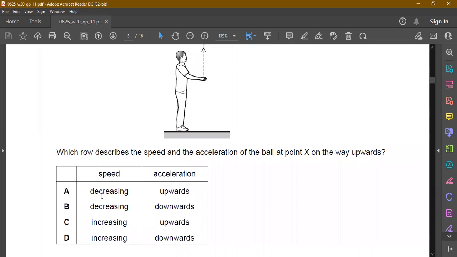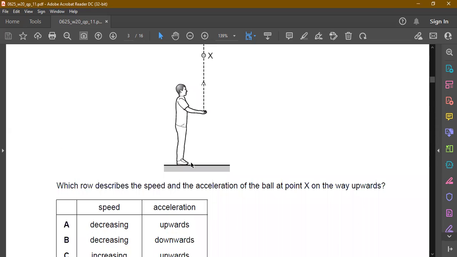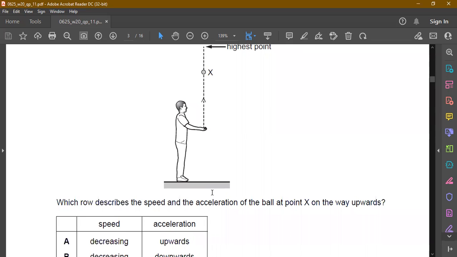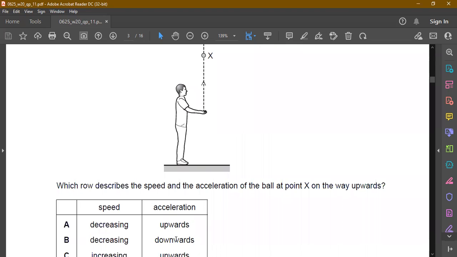So you can just eliminate options C and D. Now we can focus on options A and B. For the acceleration, the motion is upward but the speed is decreasing. That means the acceleration is opposite to the motion direction, so the acceleration is downward. So the correct answer is B.